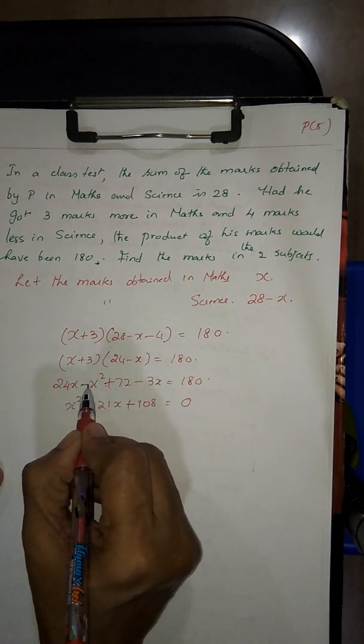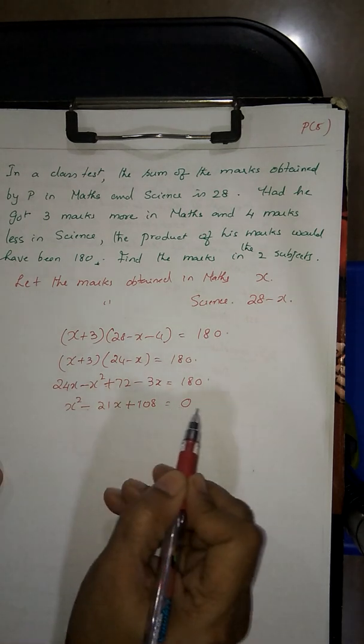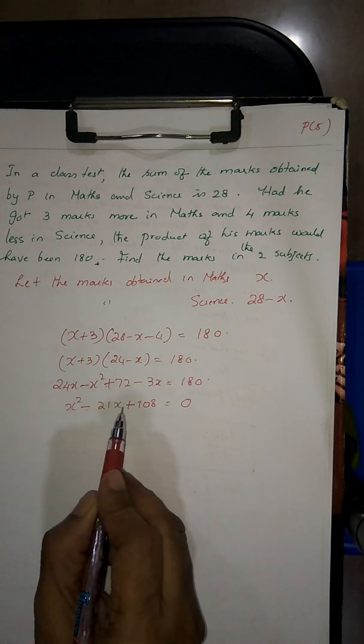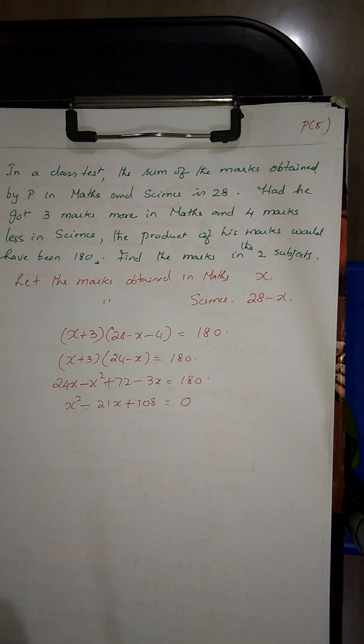Because this is minus x squared, I have throughout multiplied by negative. So you got x squared minus 21x plus 108 is equal to 0.